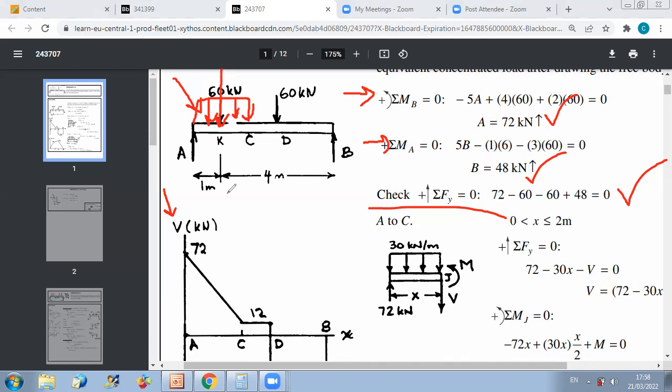However, there is a big change of internal forces if I have a concentrated load compared to a distributed load. The graphs of shear and bending moment will be completely different.